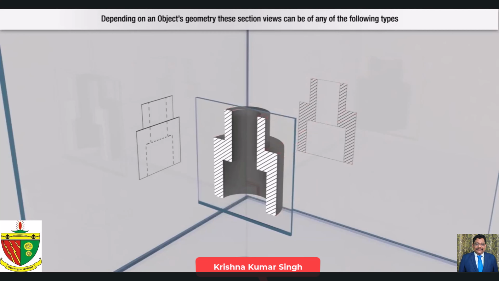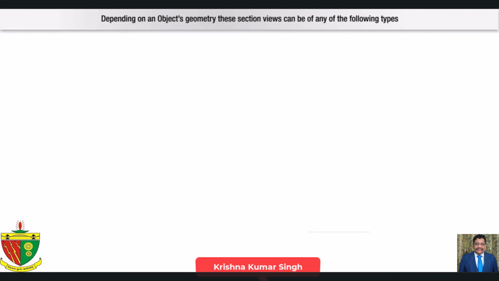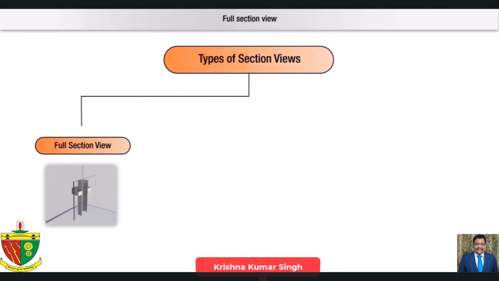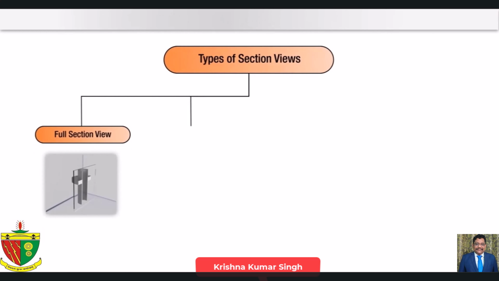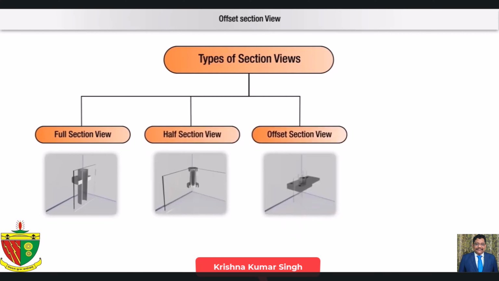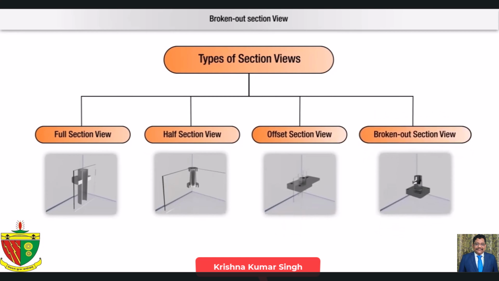Depending on an object's geometry, these section views can be of any of the following types: full section view, half section view, offset section view, broken out section view. Now let's observe with some sample parts how each of these section views reveals additional details.